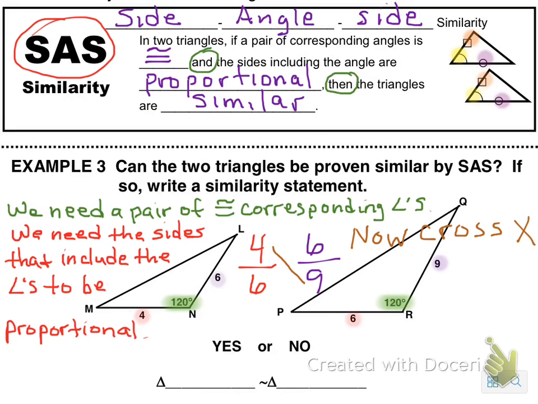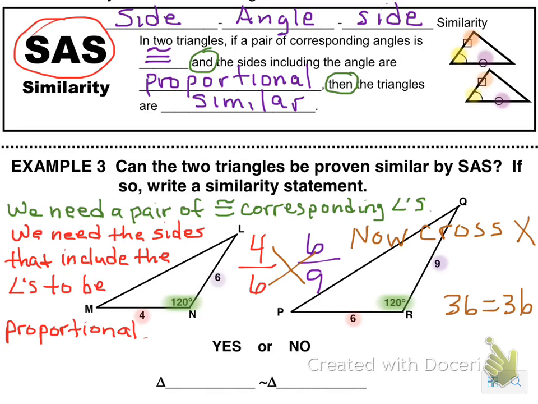Now we're going to cross multiply. When we cross multiply, we get 4 times 9, that's equal to 36, and 6 times 6 is equal to 36. And we've already learned that when you cross multiply two ratios and the products are equal, then the two ratios form a proportion.